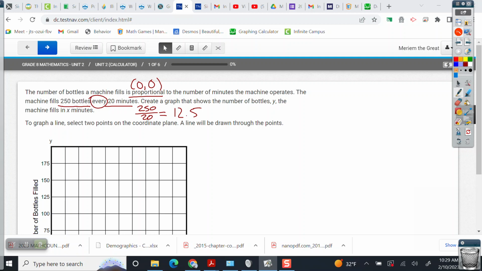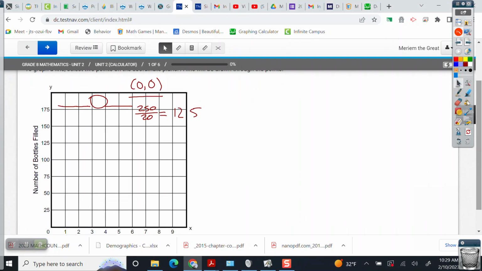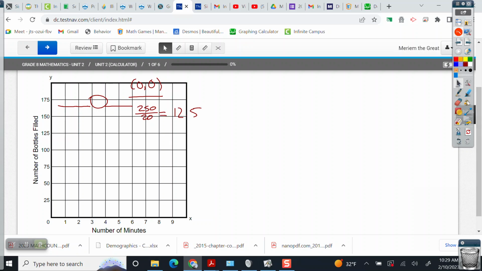And so I already have my first point, thank you proportional relationships. So my other point would have to be, well, let's go with the (0, 0). Okay, there we go. And so we know that this point right here is going to be 1 minute and 12.5, so I get my line.